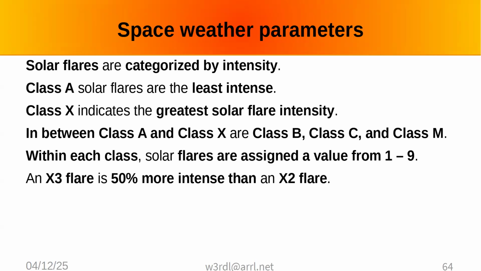X is the maximum. So an X9 is really, really bad. And the X scale goes up. I guess it's not exactly logarithmic, but it's like a 50% increase between levels.